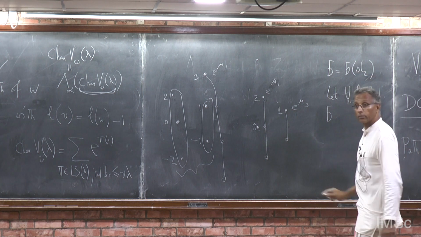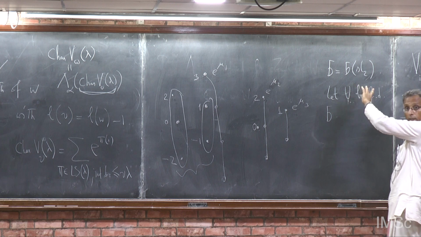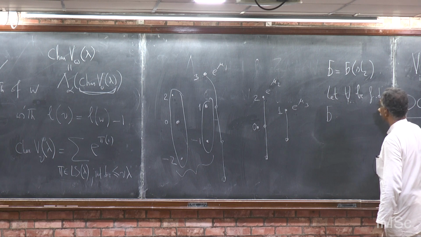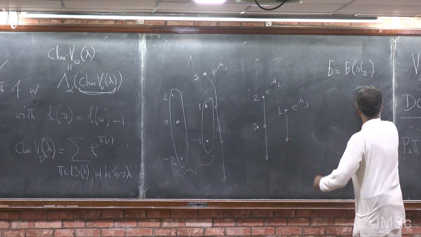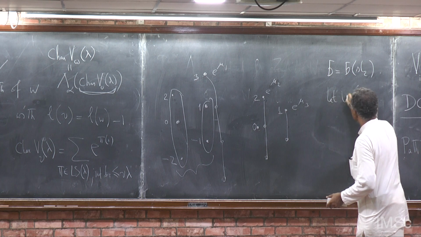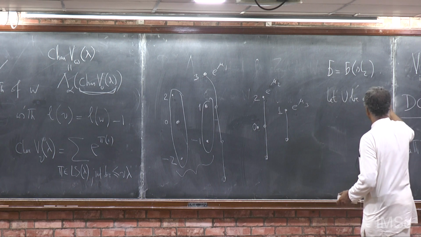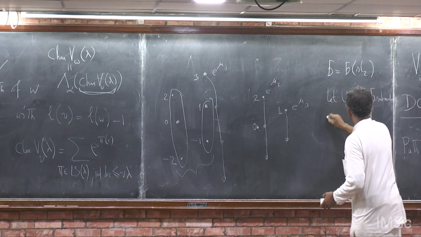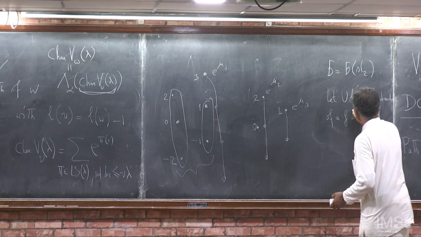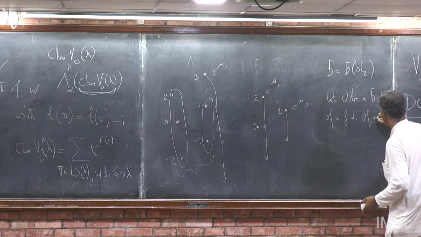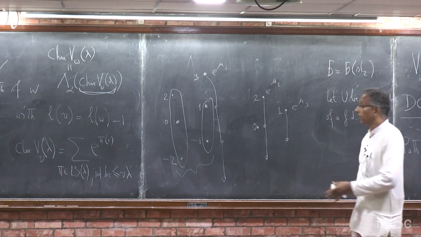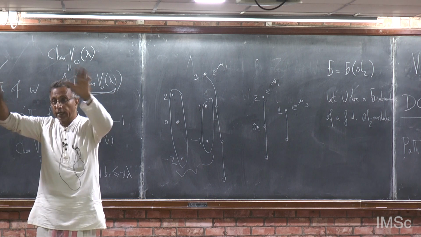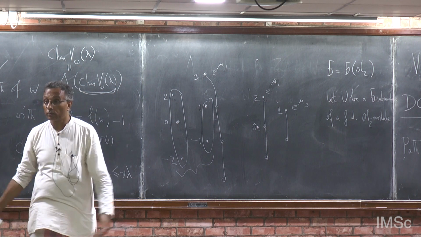This is clear. It's generated by X and H. Let U be a B submodule of a finite dimensional SL2 module. See, it's a submodule, but the whole thing is a finite dimensional SL2 module.